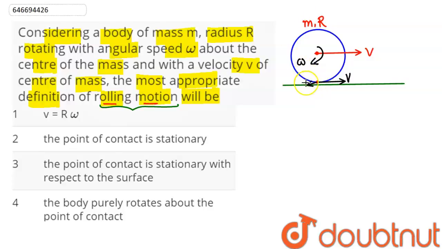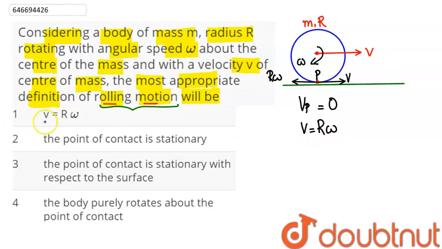For that, the rotational motion of the body must be in the clockwise sense, such that the r omega due to rotational motion will be along minus x direction. Hence the relative velocity of the point P with respect to the surface will be equal to 0. For that we have v equal to r omega.